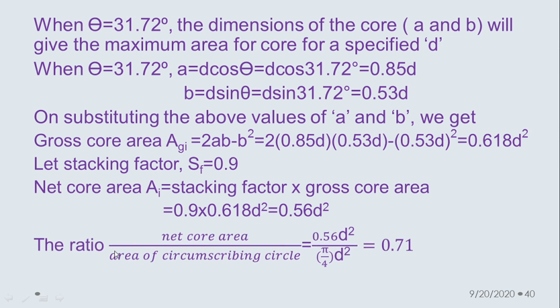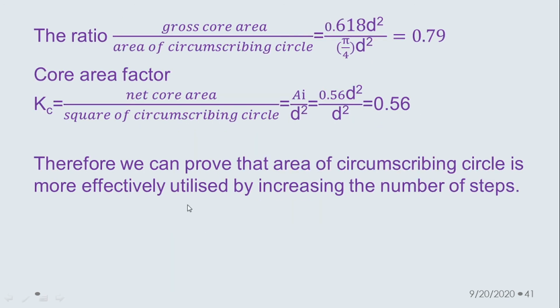Now if you take the ratio of net core area by area of circumscribing circle, the net core area is 0.56 d square and the area of circumscribing circle is pi by 4 into d square. So you will get 0.71 as the net core area by area of circumscribing circle in a two-stepped core or cruciform core. Then the ratio of gross core area to area of circumscribing circle is 0.618 into d square divided by pi by 4 into d square.